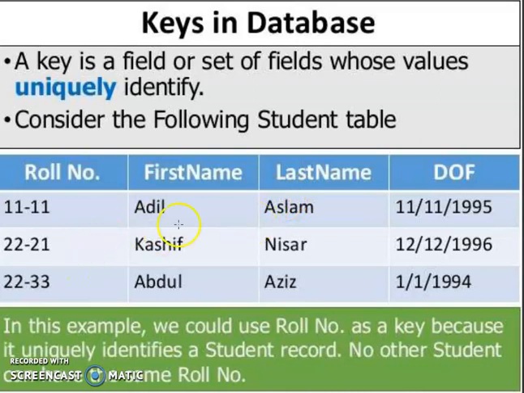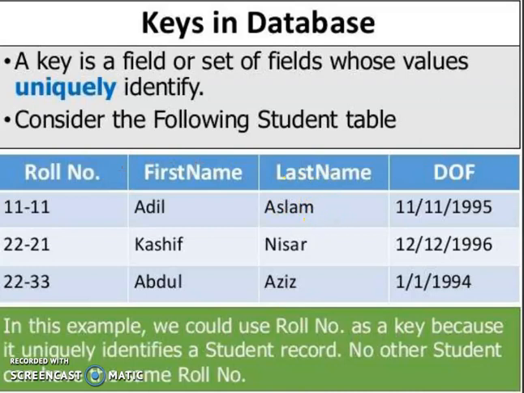Sometimes the name might be repeated, and even the date of birth may be the same, but the roll number is assigned uniquely for each student. So this is a unique field or set of fields that are used to identify a particular row, or to find a record, or to find a field.